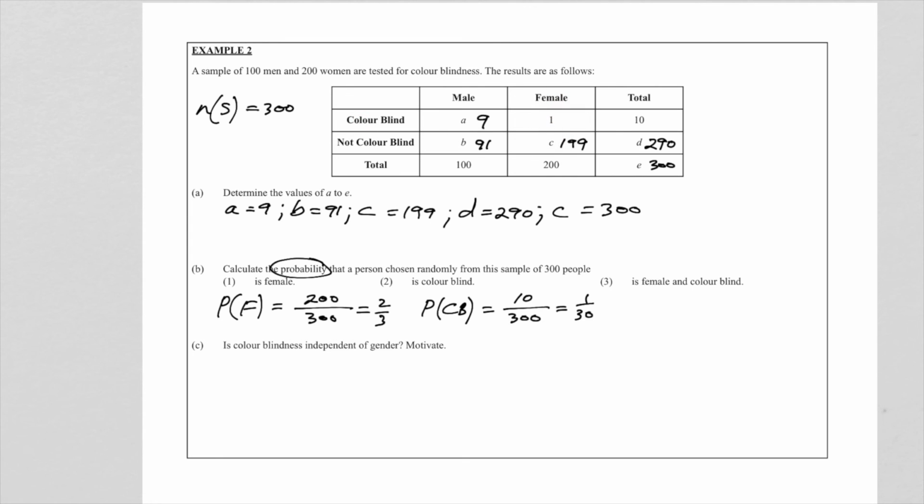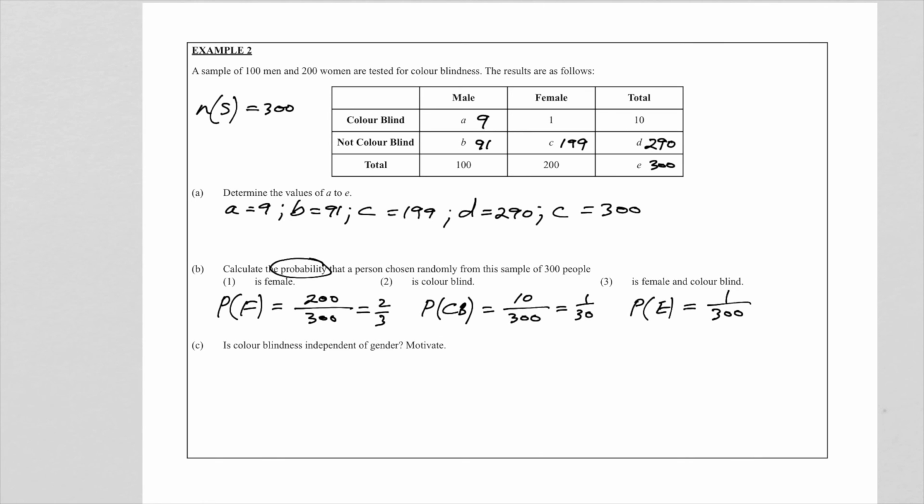So colorblind, female, 1 over the sample space. So the probability of this event is then 1 over 300. And I'm pretty sure you are quite comfortable with what we did up to here.